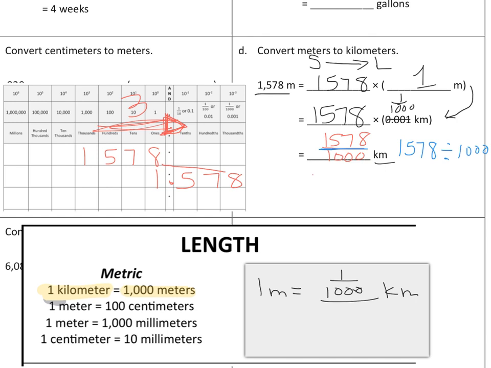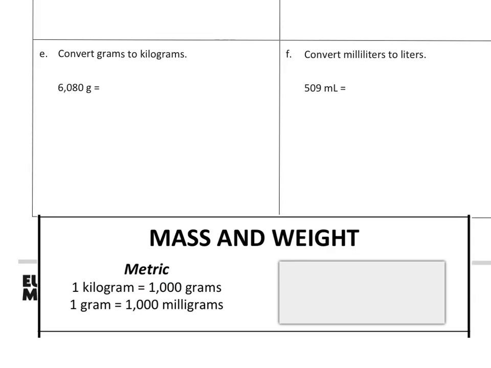So we get the answer of 1 and 578 thousandths kilometers as our answer. So just to review, this measurement is equivalent to this measurement as well. It's just in a different measurement.